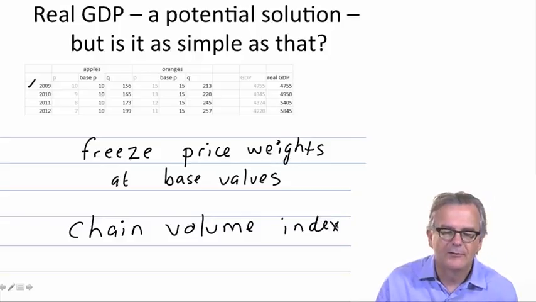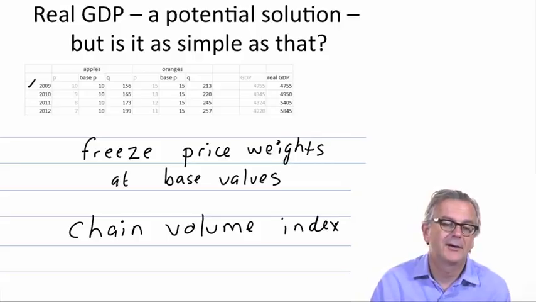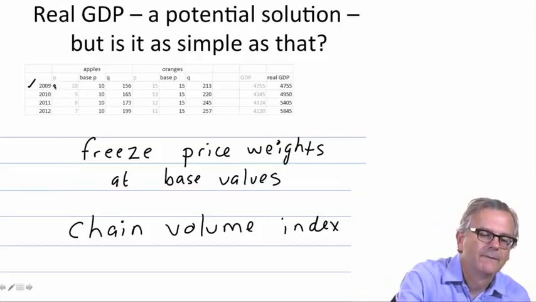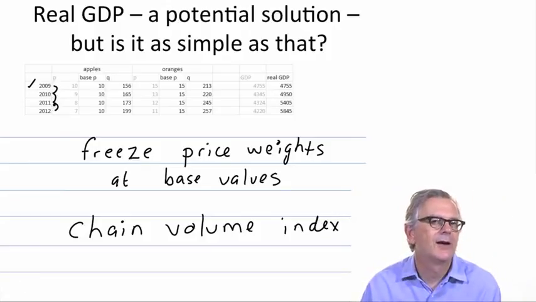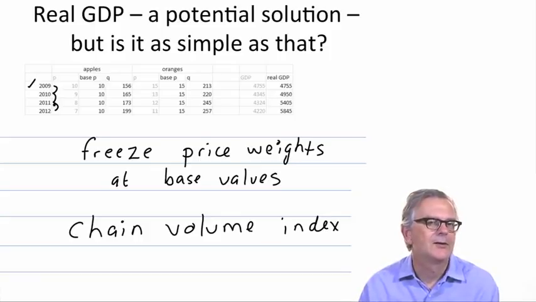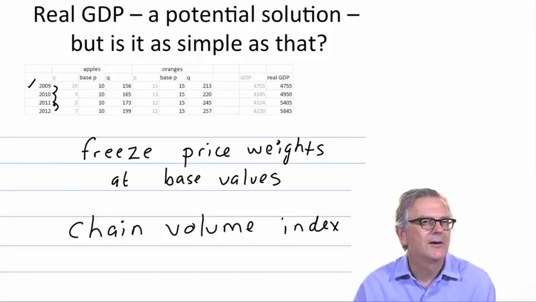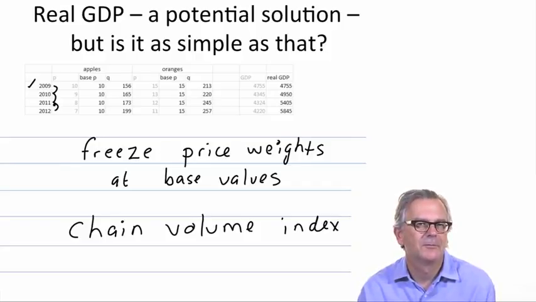Now, what a chain volume index does, and it's actually a fairly complicated calculation, is it moves that base forward year by year, so that each year you're valuing that year's quantities using the prices from the previous year. So you're never getting too far away from the base period. Essentially, you're updating the base period each period, moving it forward by 1 year.